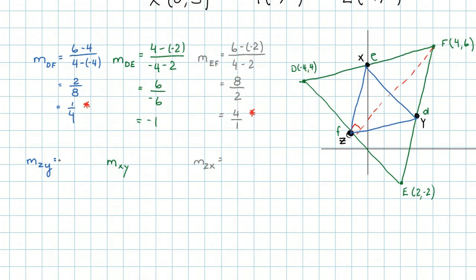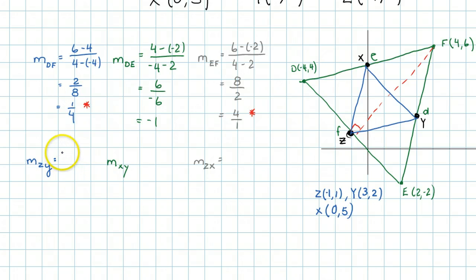So let's actually figure out the slope of ZY. So we see, let's just write down Z here. Z is the point -1, 1, Y is the point 3, 2, and let's actually write down X here as well. X is the point 0, 5. So watch what happens here.